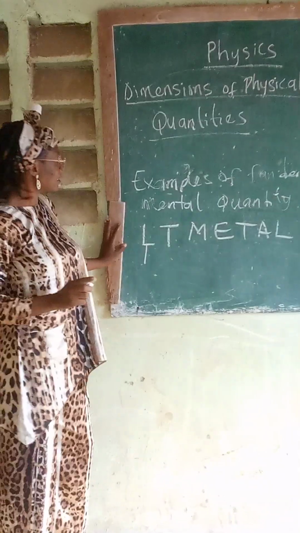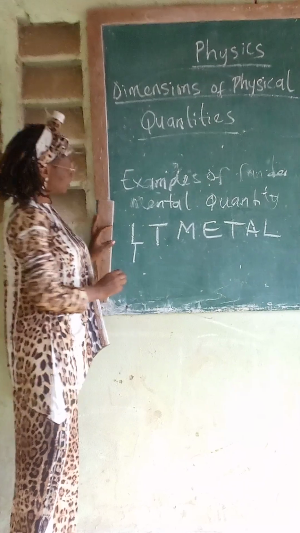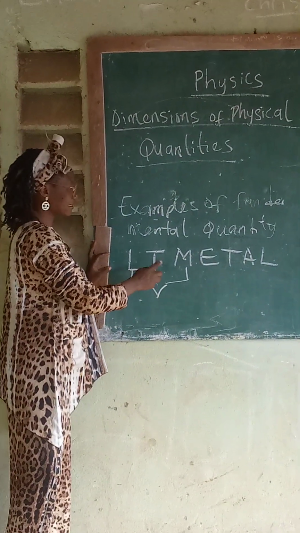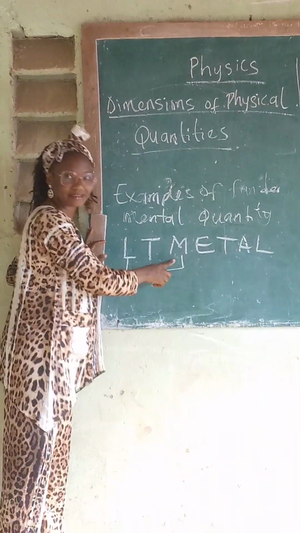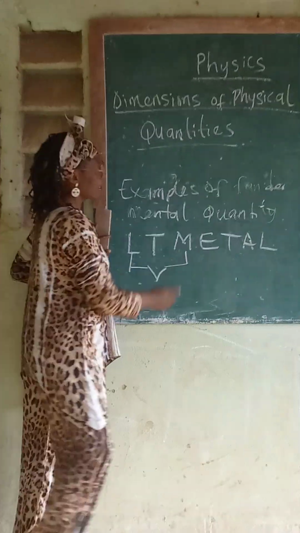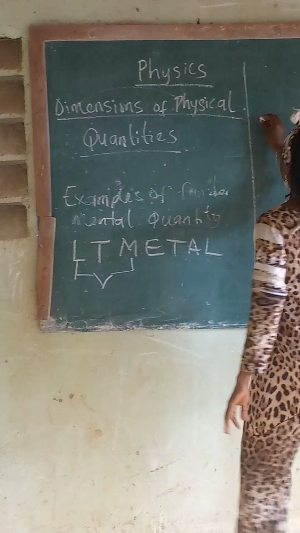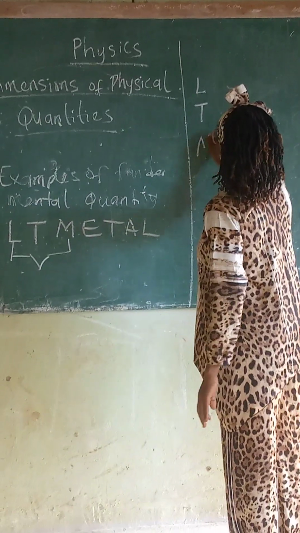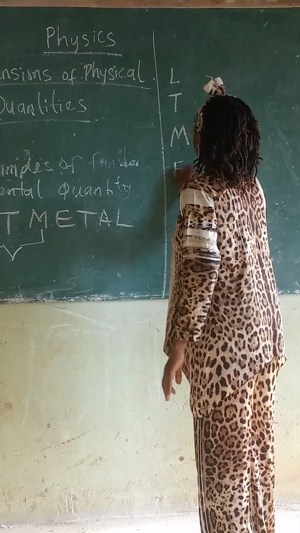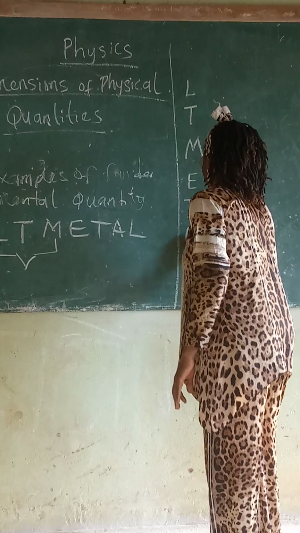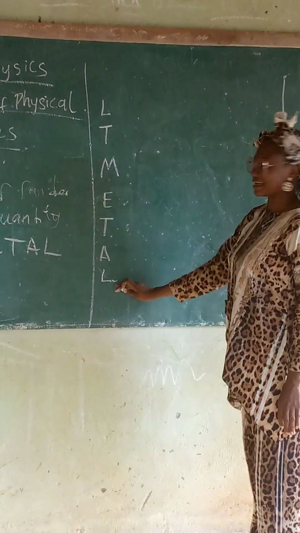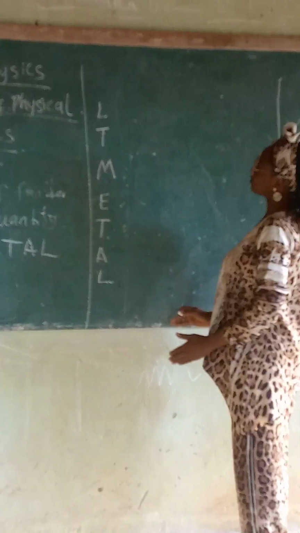Now, usually in dimensioning, we use these three: length, time, and mass. These are fundamental quantities.